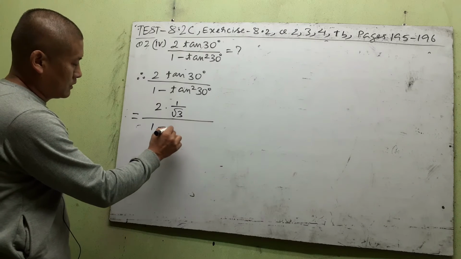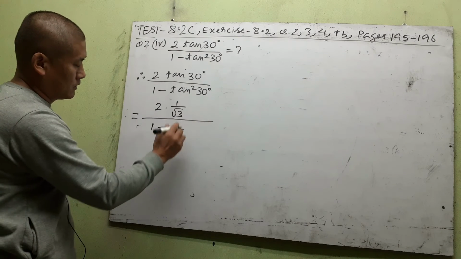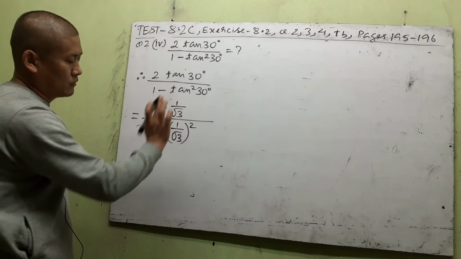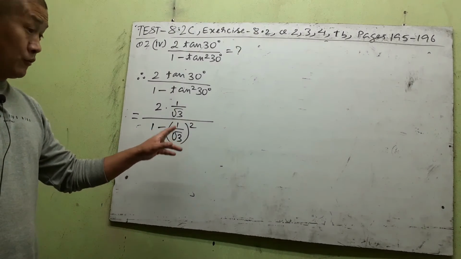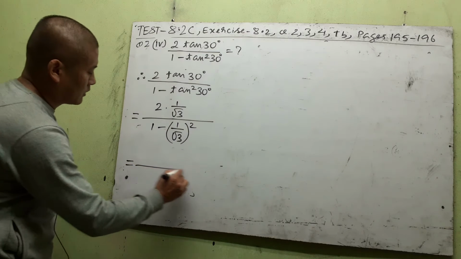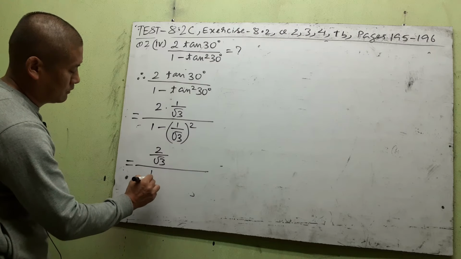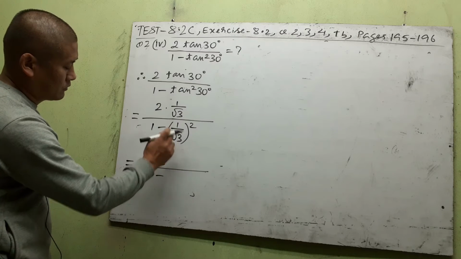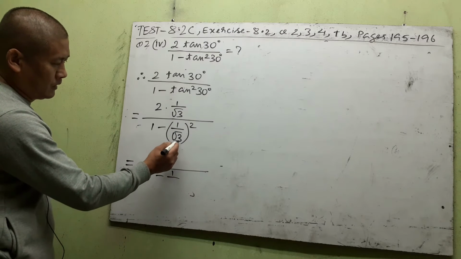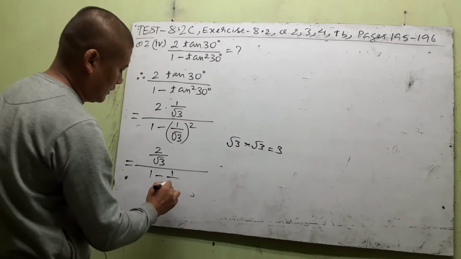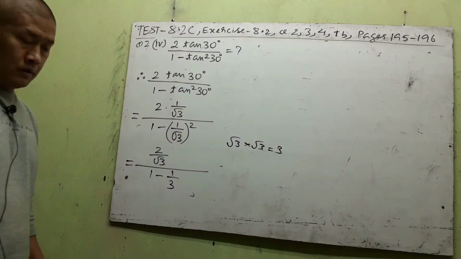Then here 1 minus tan 30 again is the same 1 by root 3, but this time it is squared, so put bracket and square, right? So that is equal to here, longer line, 2 ones are 2 by root 3, then 1 here, minus 1 square is 1, root 3 square is root 3 into root 3, which is equal to 3. So here 3.